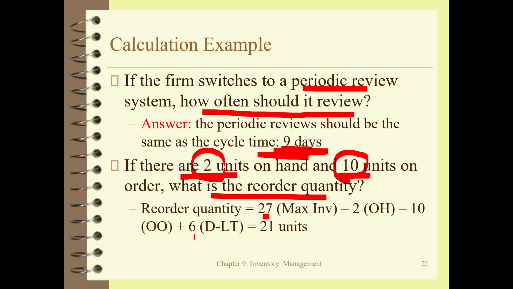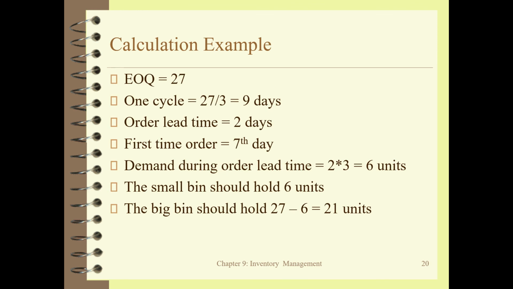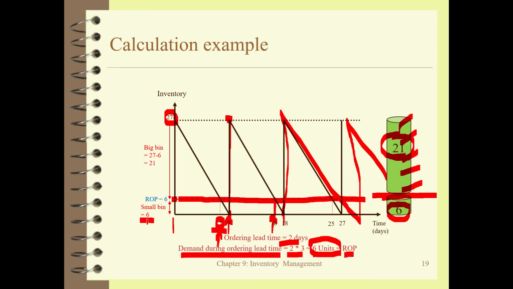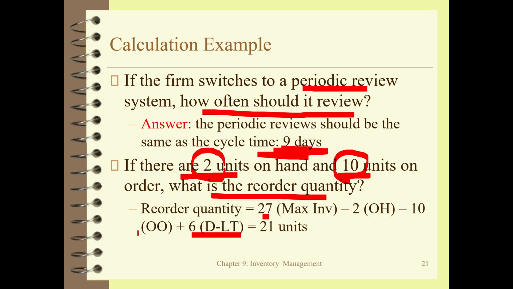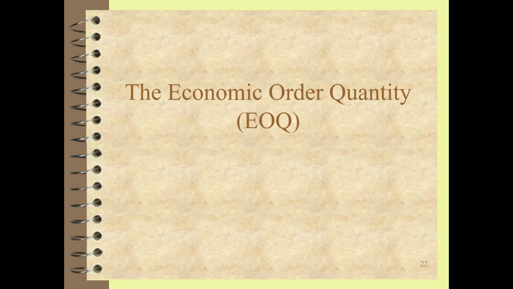And demand during lead time is going to be 6. So the reorder quantity for the periodic review system is going to be 21 units, okay.